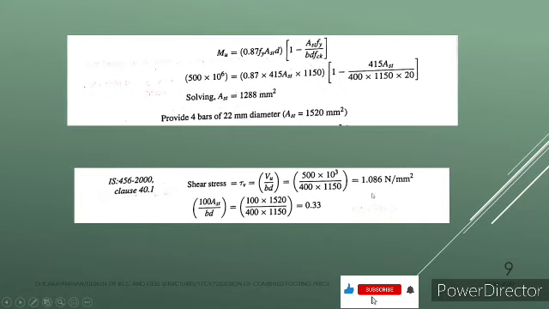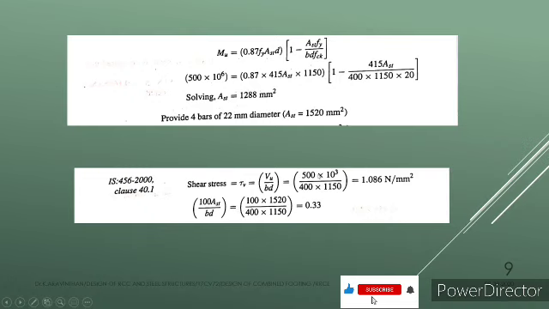We got the value of 1.086 Newton per mm square. So this is the shear stress value which is acting on the section. We have assumed tau C as 1.2, hence tau C is greater than tau V, hence it is okay. And now let us check for this 100 AST by BD.